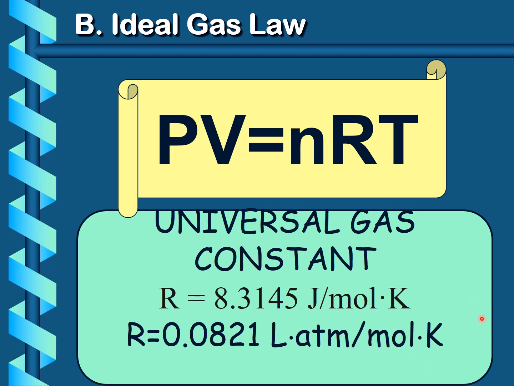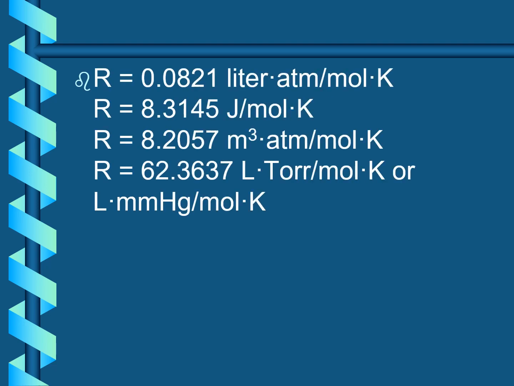So these are constants. The values of R vary depending on the conversion of the units being used. These are different values of the universal gas constant in different units.